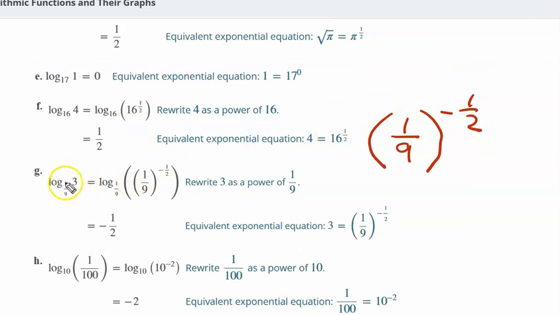Now, the base 1/9, 1/9 to the -1/2, again, keeping our rule of exponents, to make this exponent positive, we have to take the reciprocal of this, which is 9 to the 1/2 power. So 1/9 to the -1/2 becomes 9 to the +1/2, the reciprocal, which is 3.